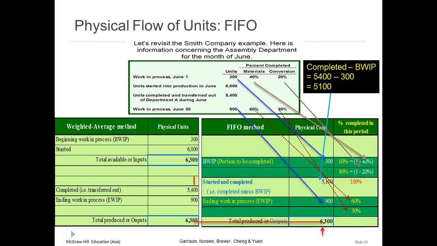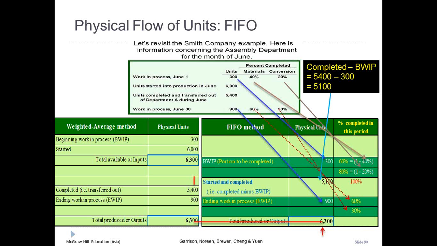Second, after finishing all beginning work in process, the production can start with the new ones till we finish them. Third, at the end of the period, there may be uncompleted items, which are ending work in process, which started in the period but are not yet complete. Therefore, the examination of outputs in the period is based on the work done in accordance with the sequence above.